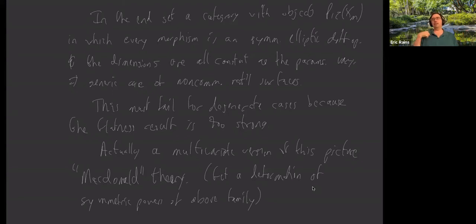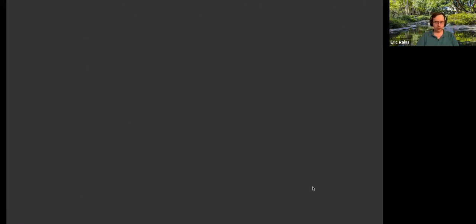But by looking at this construction, it turns out this gives you insight into how to construct at least ruled surfaces for more degenerate cases. So the key new notion in the multivariate case is something called a double affine Hecke algebra, or an elliptic double affine Hecke algebra to be precise.